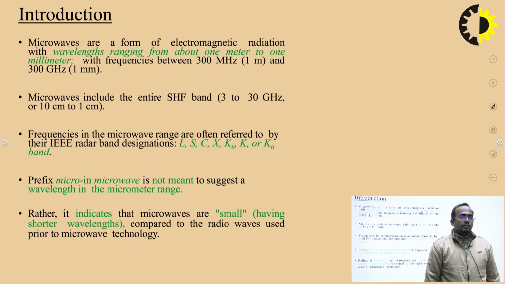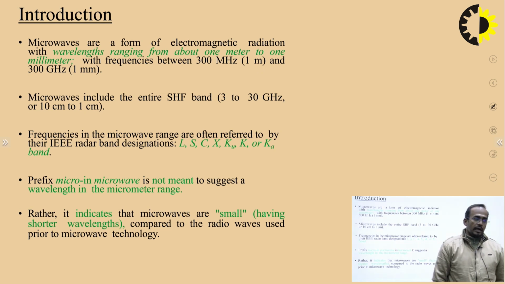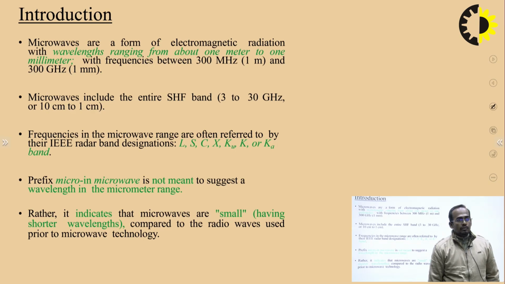Microwave does not suggest a wavelength in the micrometer range; rather it indicates the microwaves are small, having shorter wavelengths compared to the radio waves used prior to microwave technology.